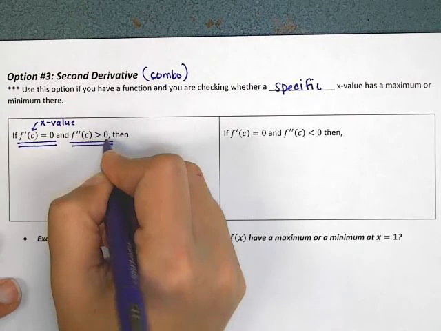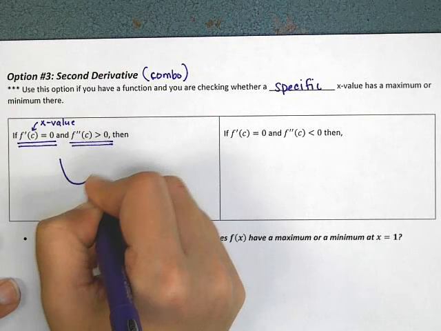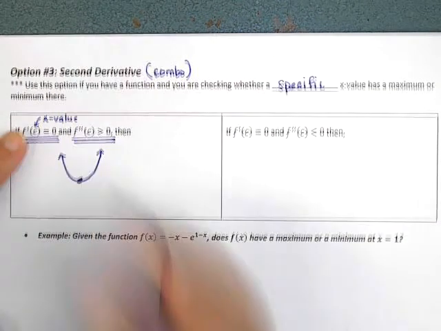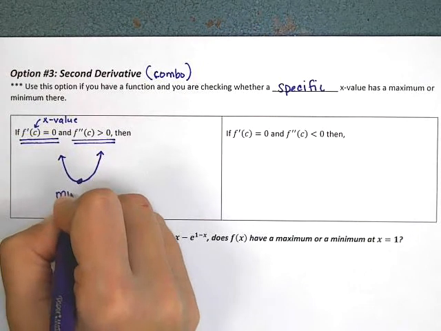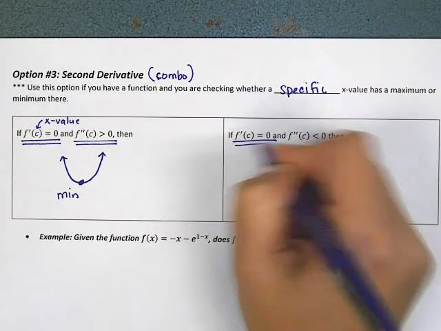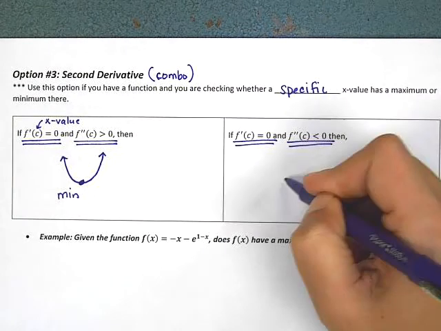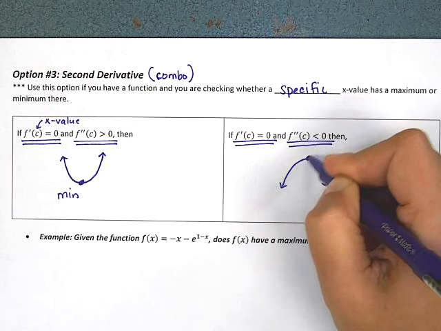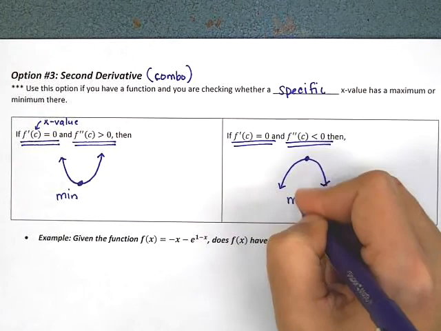The second derivative being greater than 0 means you're concave up. The first derivative equaling 0 means you're right at the bottom. So this would be a min. If your first derivative equals 0 and your second derivative is negative, then that means you're concave down and you must be right at the top. So this would be a max.